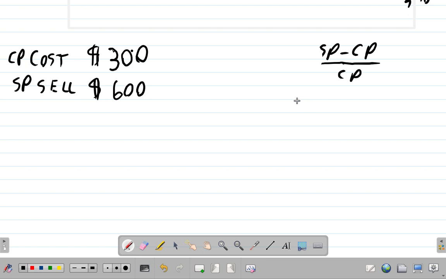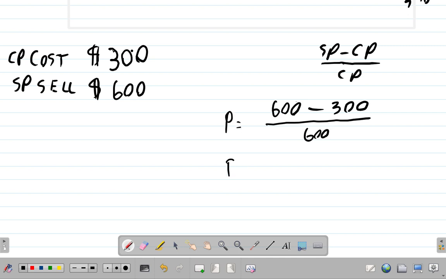Let's put them in the formula. You have selling price, $600, minus the cost price of $300 divided by, now suppose you divide by 600. You make the mistake of dividing by 600. What would be the profit that you calculate? The profit would be 600 minus 300, which is 300 over 600. This would be 0.5.